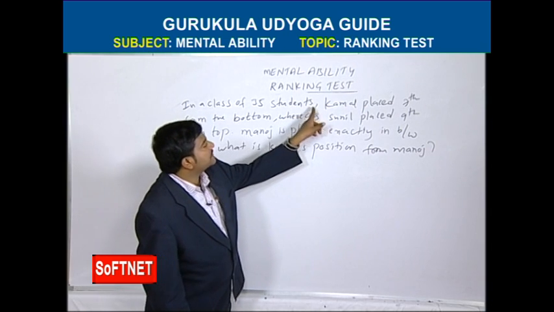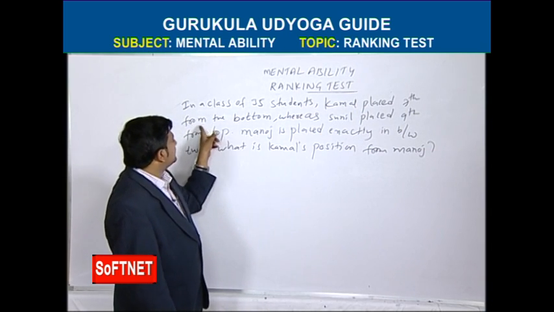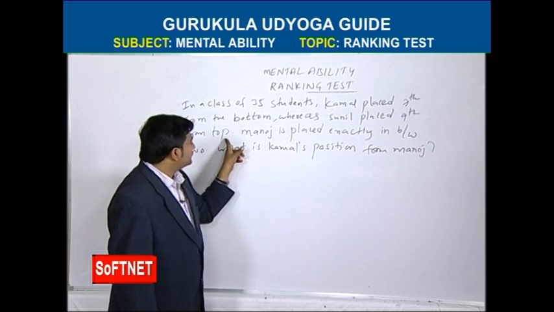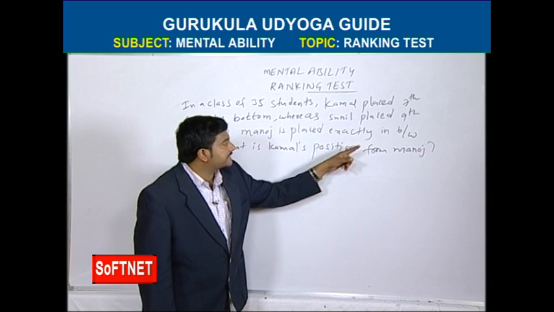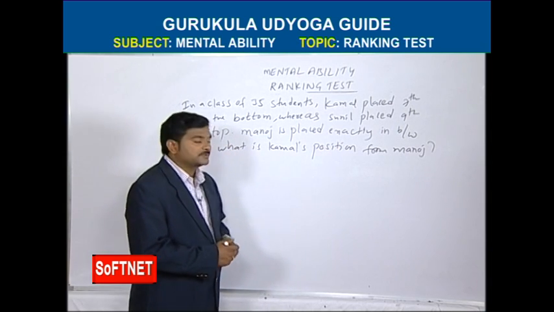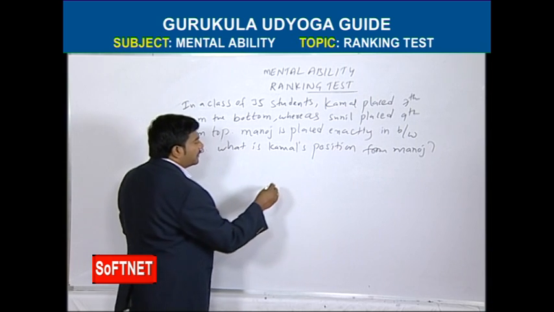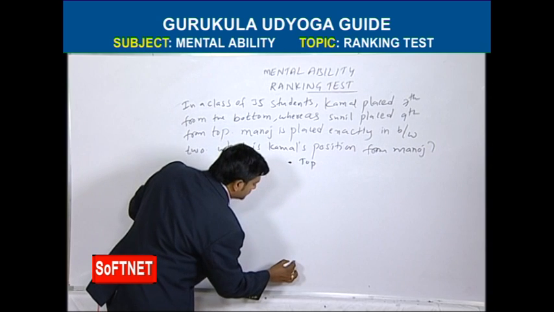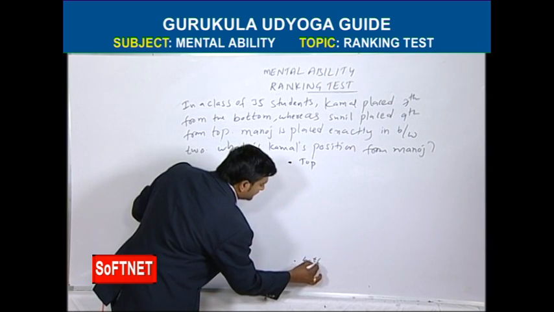In a class of 35 students, Kamal placed 7th from the bottom, whereas Sunil placed 9th from the top. Manoj is placed exactly in between the two. What is Kamal's position from Manoj? Since he mentioned the words top and bottom, we will take accordingly. Think that this is top and here it is bottom.